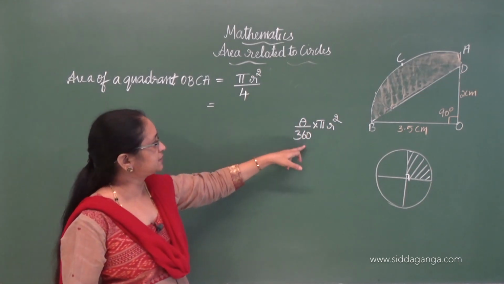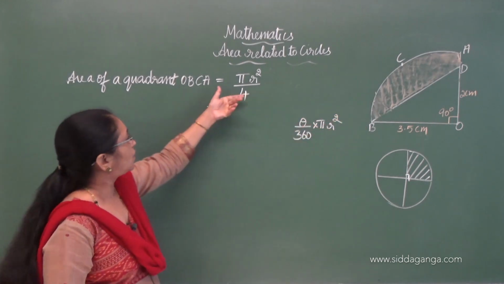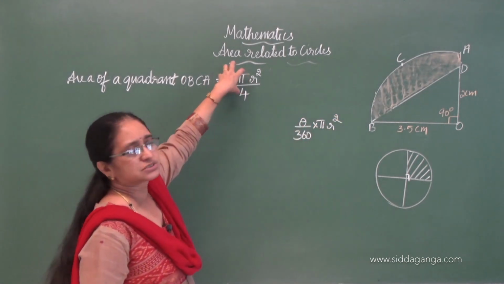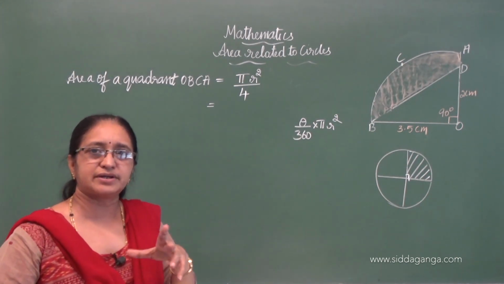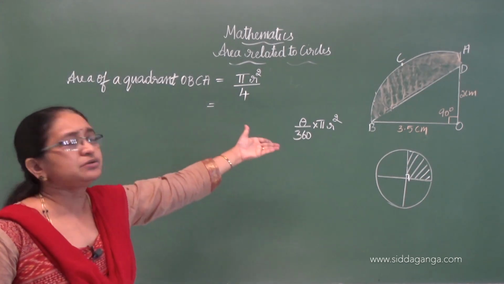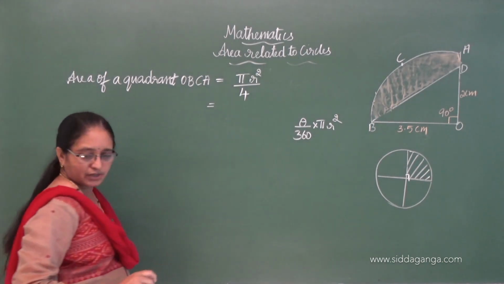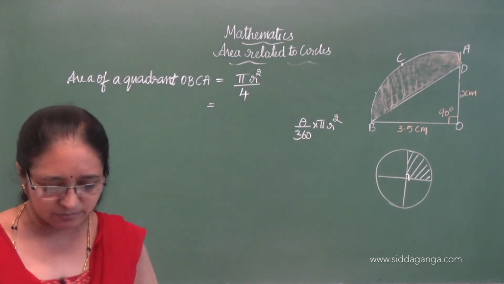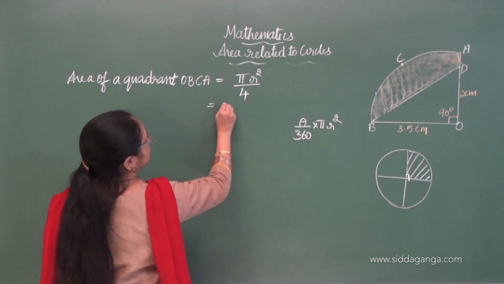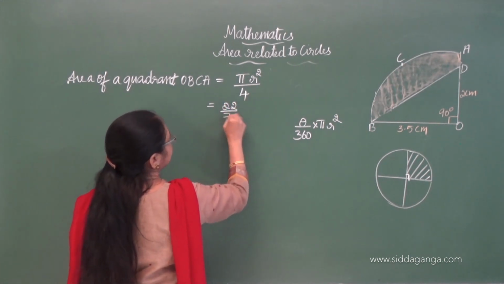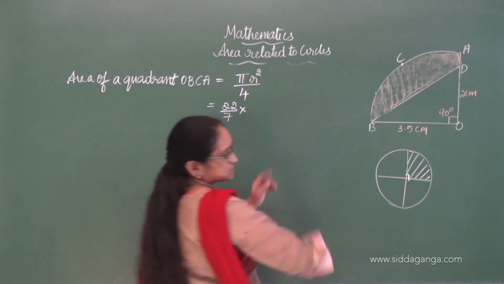Or you can use the quadrant method, that is the area of the whole circle divided by 4. So any method you can adopt, whichever is convenient for you, okay. And I hope they have not given 22 by 7, yes they have not given, so we can put 22 by 7. I am not doing the other method, you can do that method also.